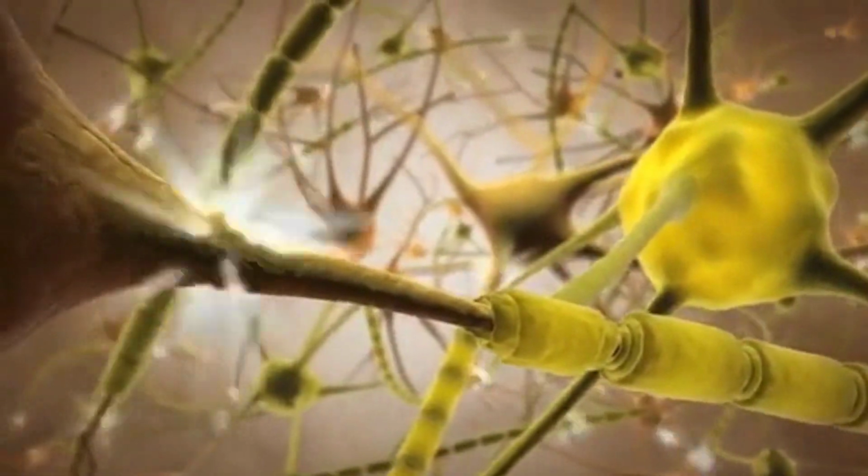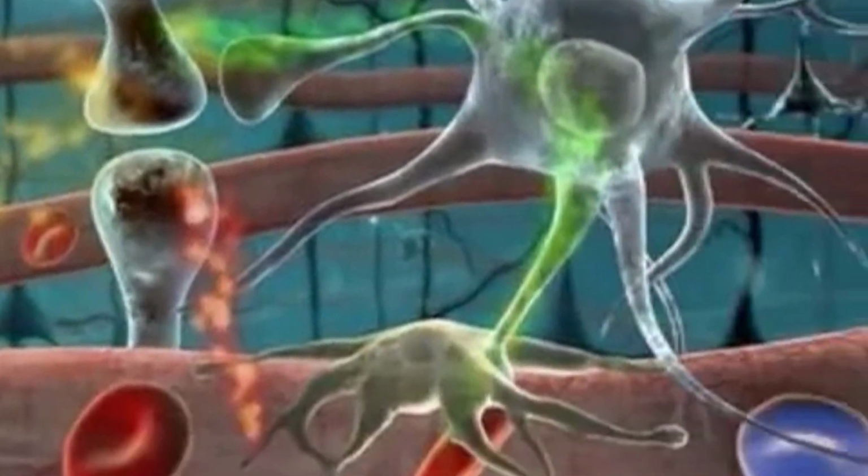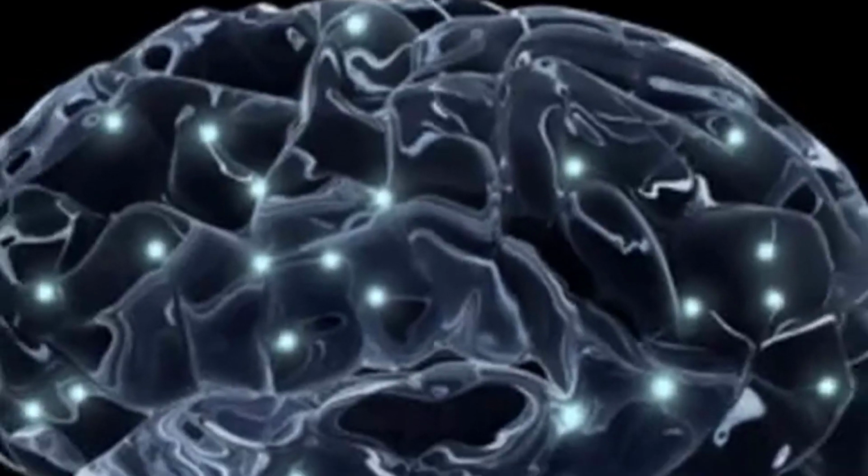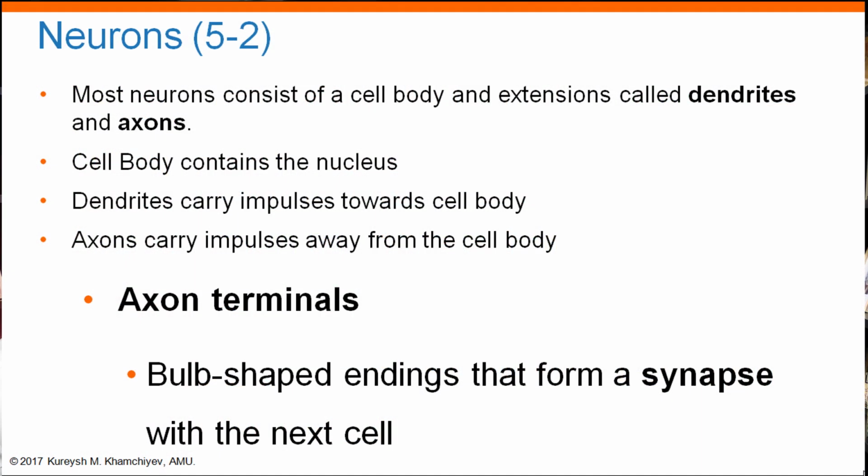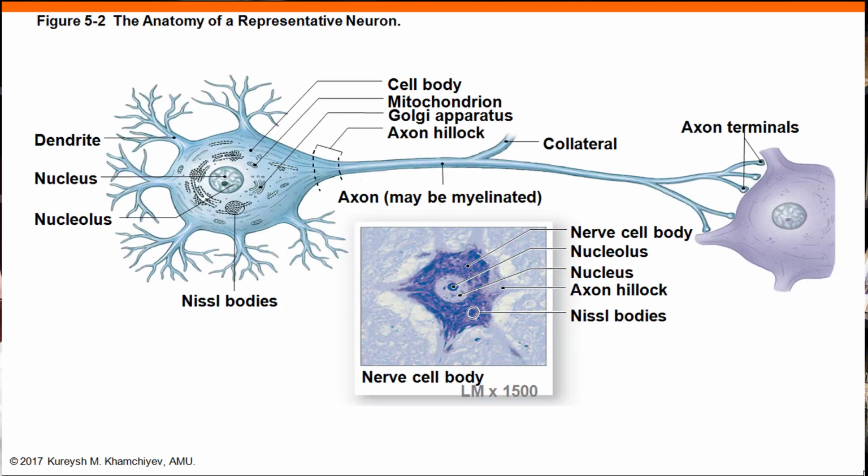They initiate and relay electrical nervous impulses toward and away from the brain. Neurons have three basic parts: the cell body, dendrites or trees, which receive incoming messages, and axons, which deliver outgoing messages.